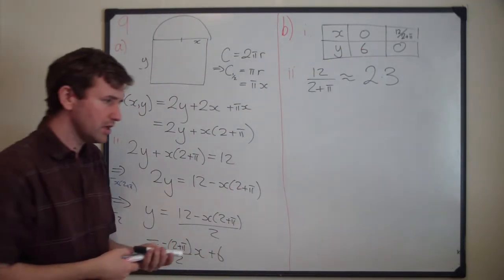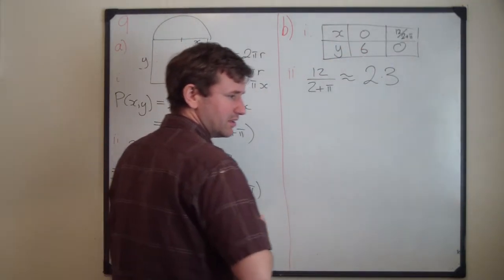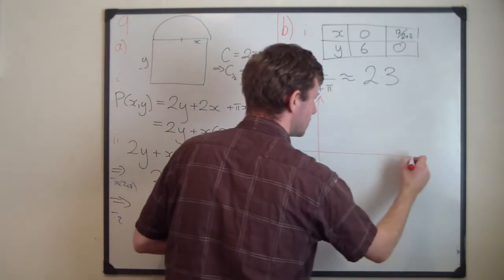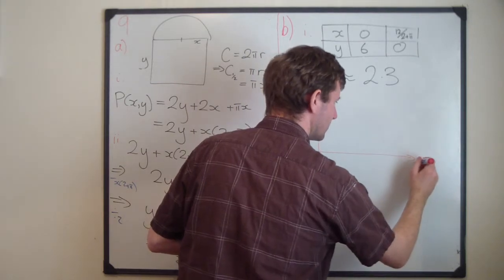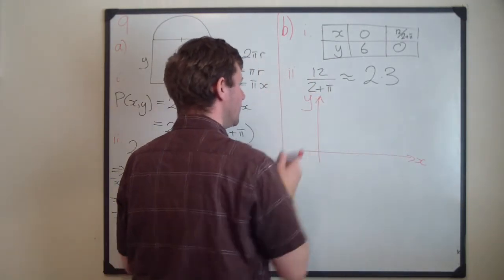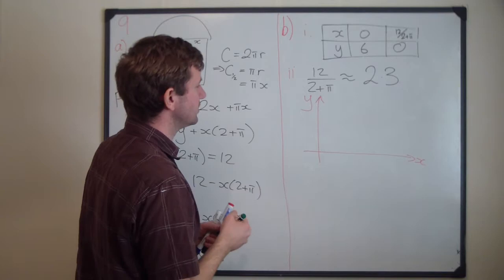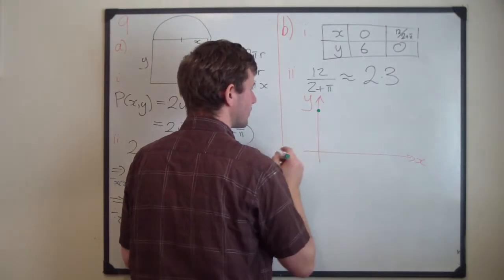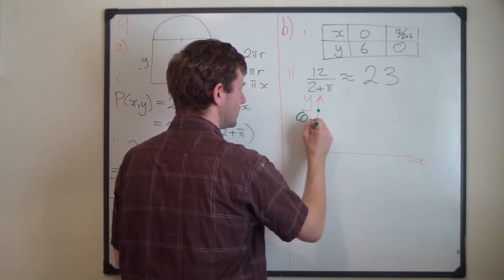Okay, let's do it. So there's lots of scales there. I don't really think you need all of that stuff. I'll just go as simple as this: x, y, and at x equals 0, y is equal to 6.